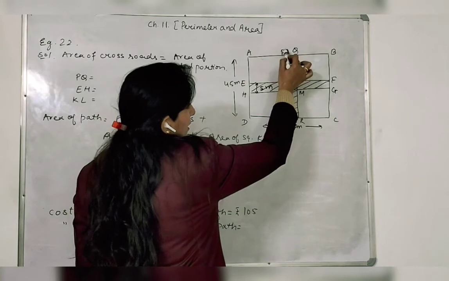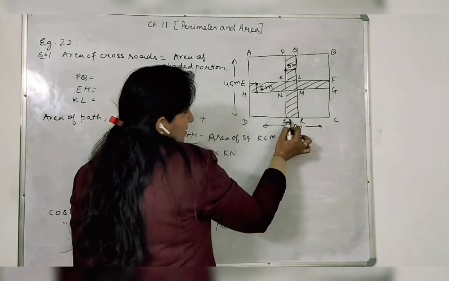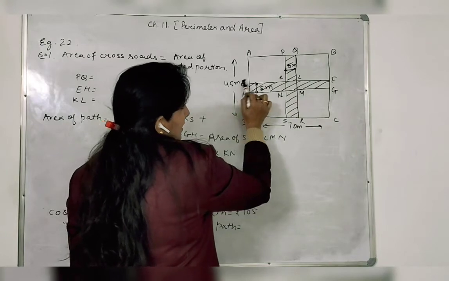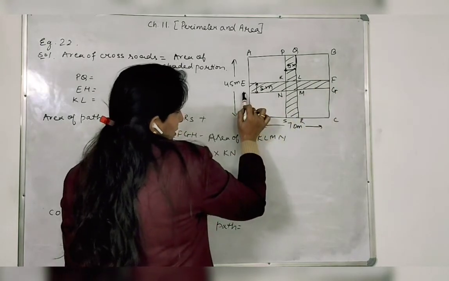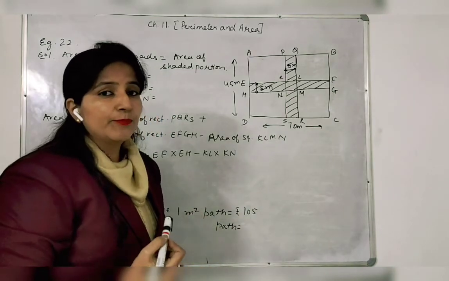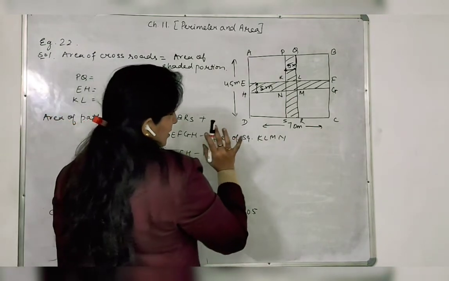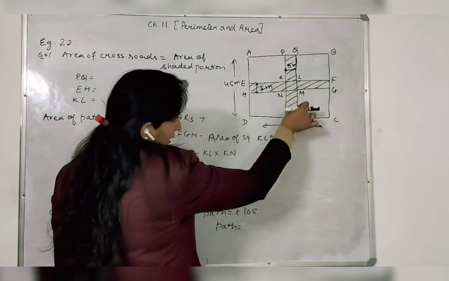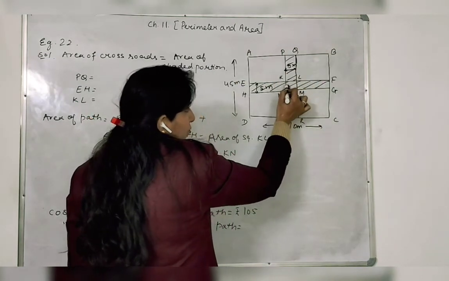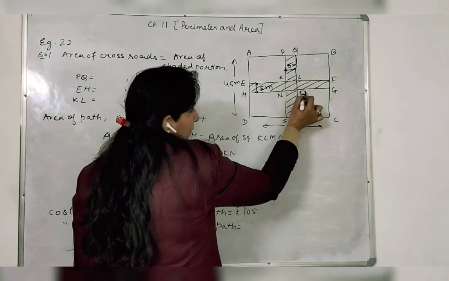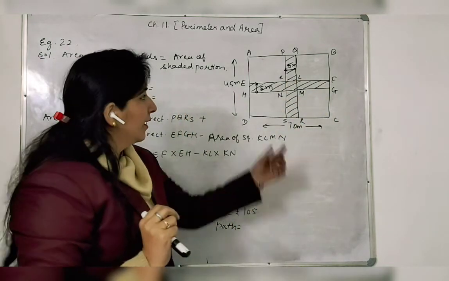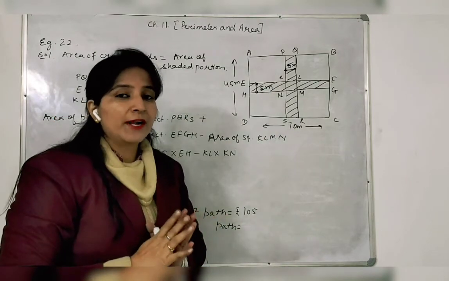One is rectangle PQRS. This area we need to calculate. And the second rectangle EFGH. This area we need to calculate. So while calculating these both areas, you just observe that when you calculate this area one time, and the second time you calculate this, then this smaller square KLMN is coming 2 times, but we have to take it only one time.